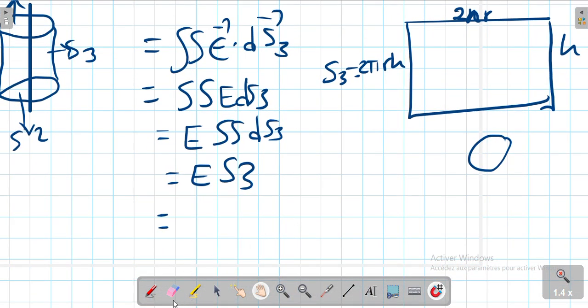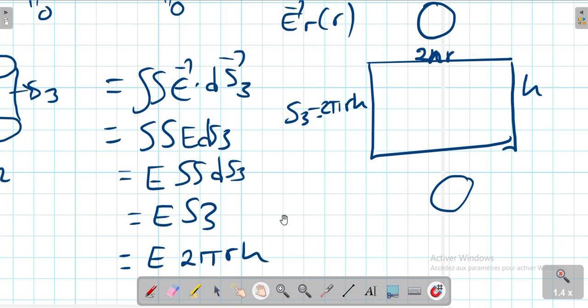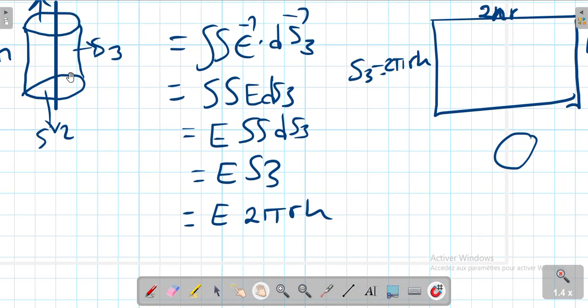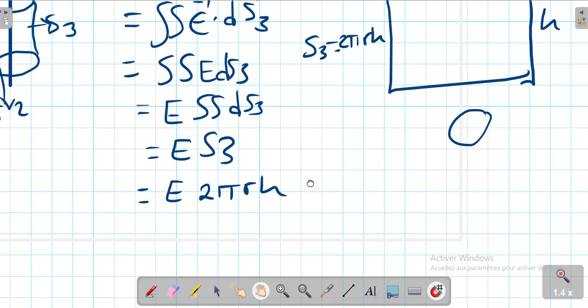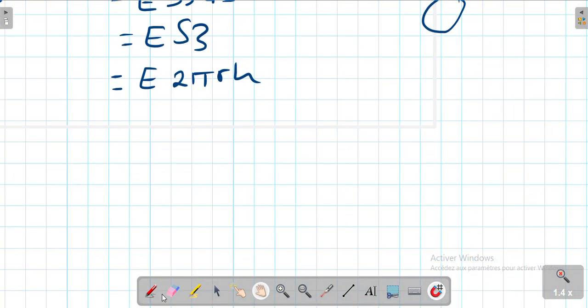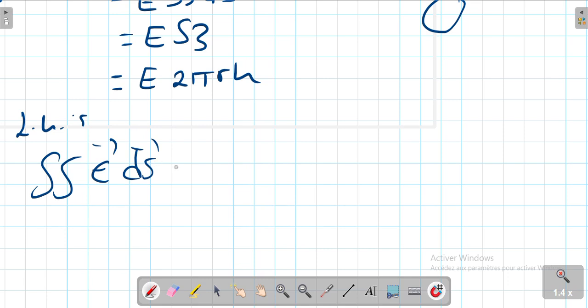So E S3 will be 2 pi r h. This is the surface S3, the curved surface. So we've now established the left hand side. The left hand side is a double integral, a surface integral, which is now equal to E 2 pi r h.